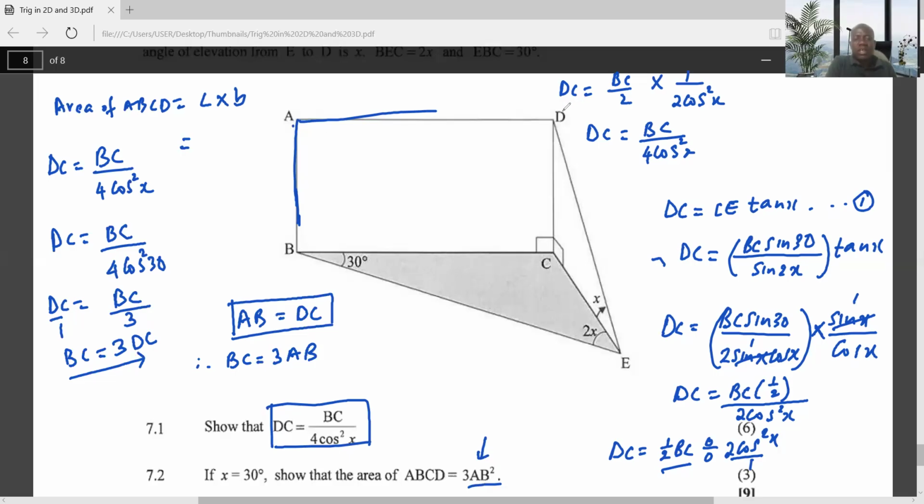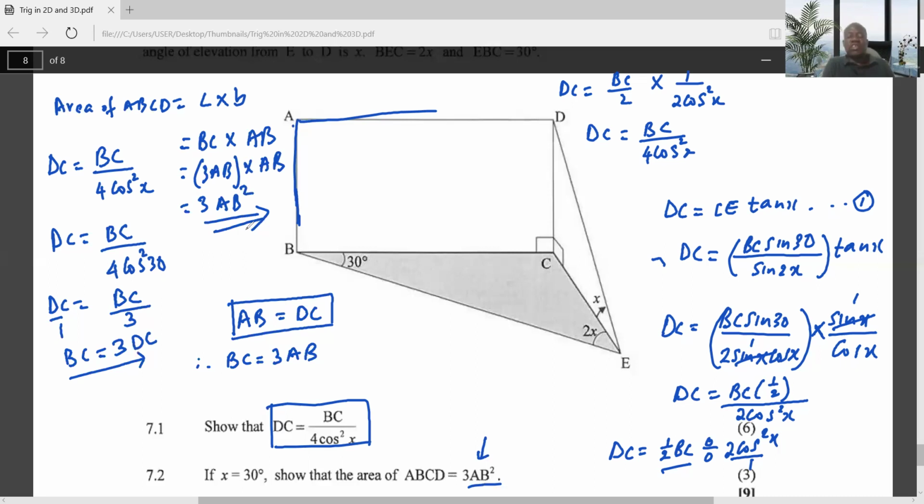One side times another. So we can say the length here is BC and the breadth is AB. Already, BC is 3 times AB. So if you multiply by that, that will be 3 times AB squared.